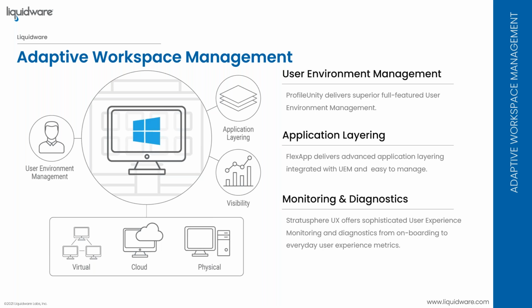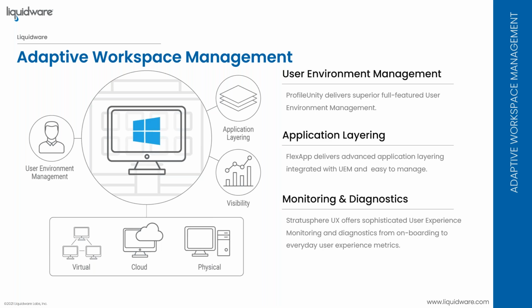Supplementing that, FlexApp offers application layering. So application layering was new 5-6 years ago. It's now become mainstream, but simply put, it allows us to deliver applications kind of like the way you would download a new app on your phone. It basically clicks the app to an operating system at logon.